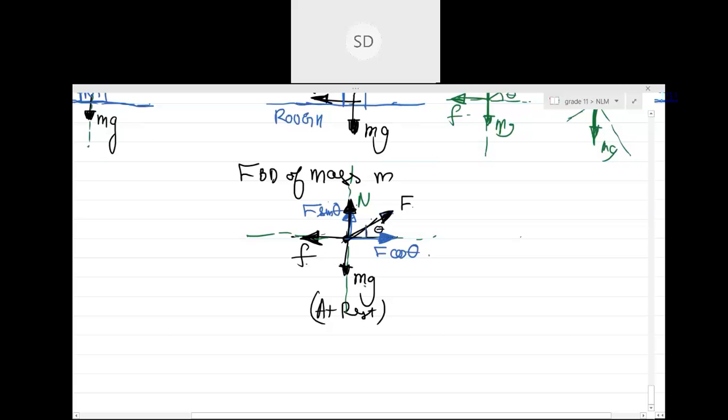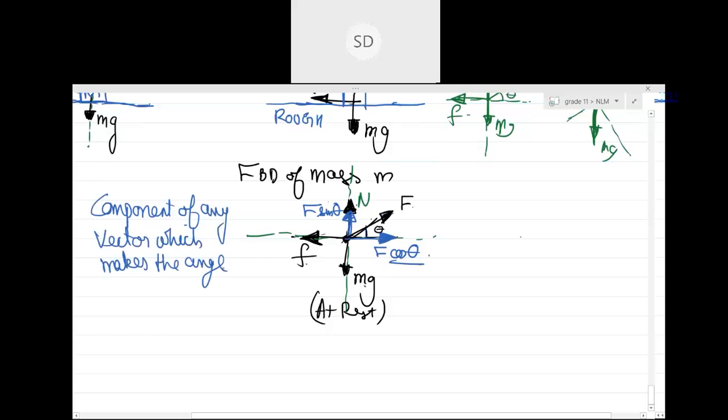Always remember, the component of any vector which makes the angle theta with the vector is the cos component.